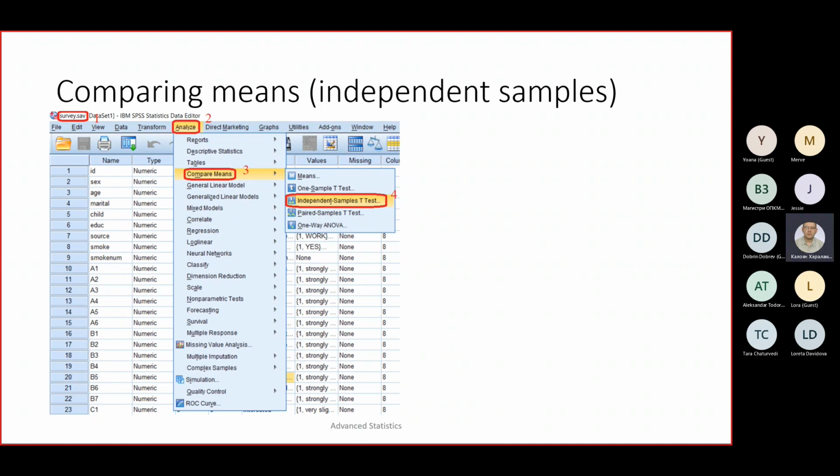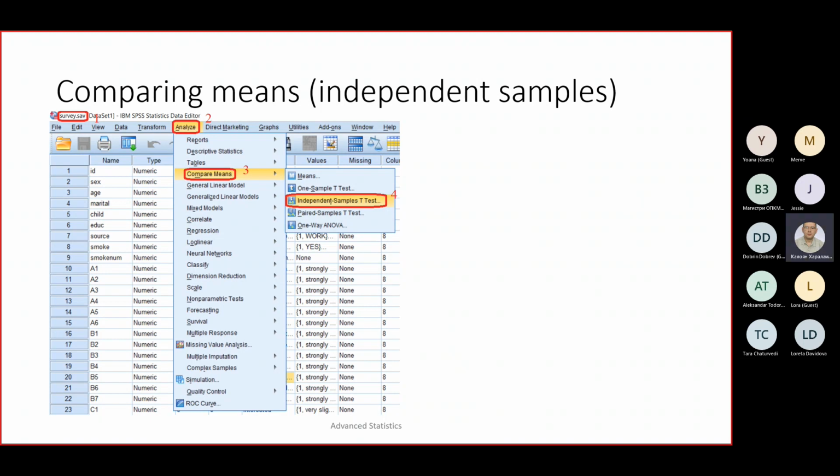So I will show you only these 4 main hypotheses. The first hypothesis is about the difference between two means. We compare means from two different populations.